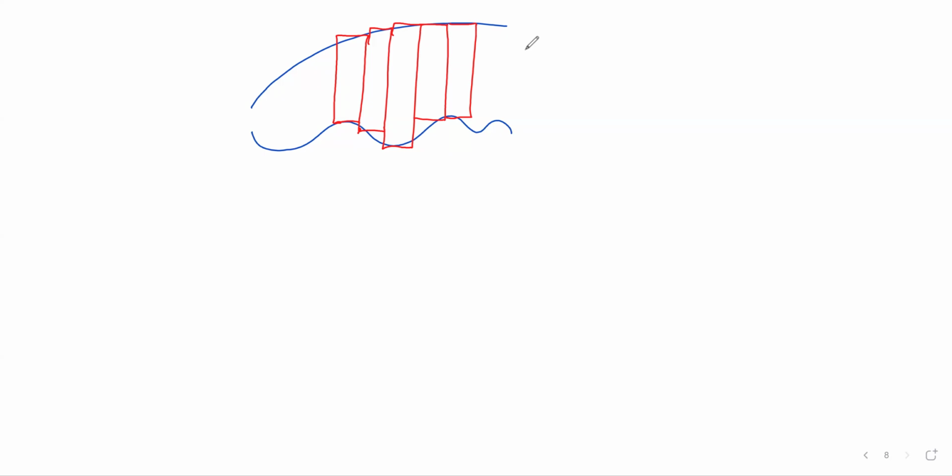And if we build our rectangles by taking a point, x sub 0, and using that x sub 0 to find the min and find the max. And we define the width of the rectangle to be delta x. This is f, this is g.